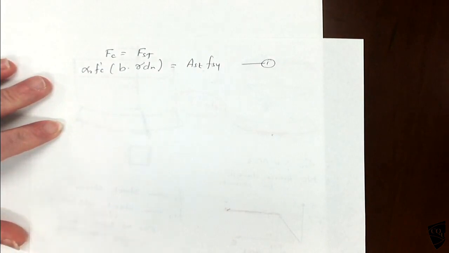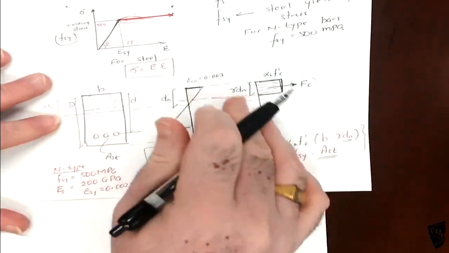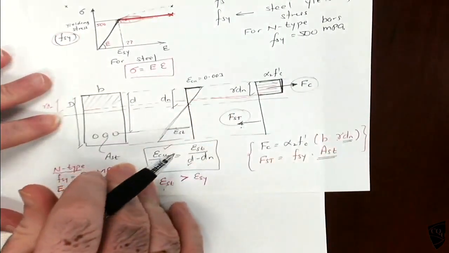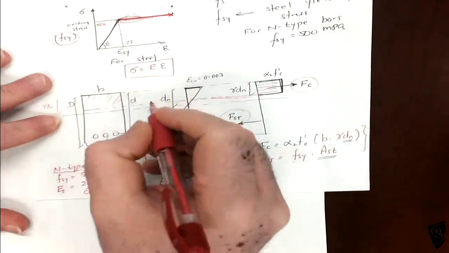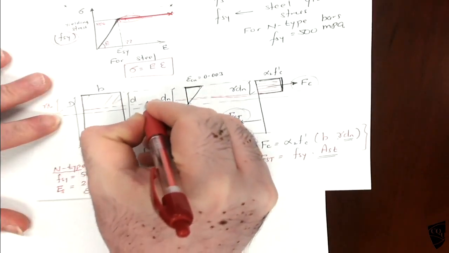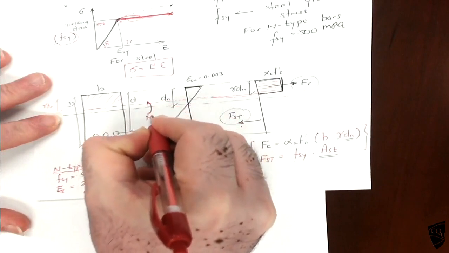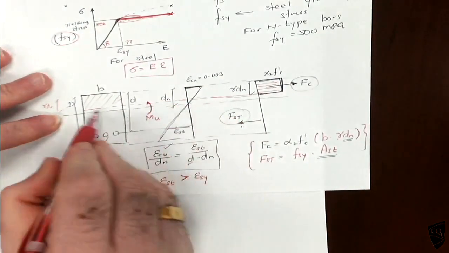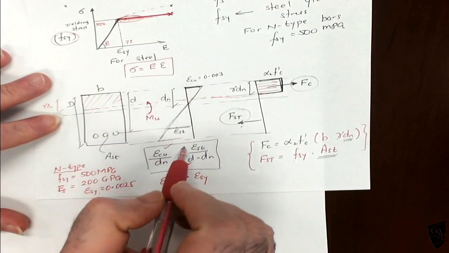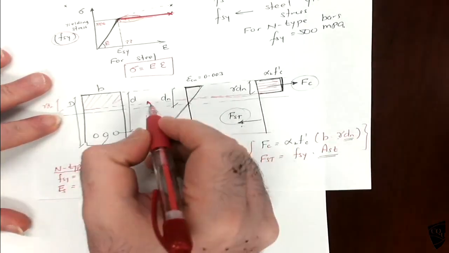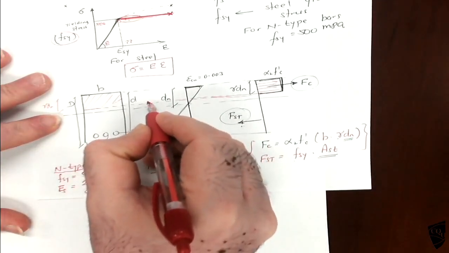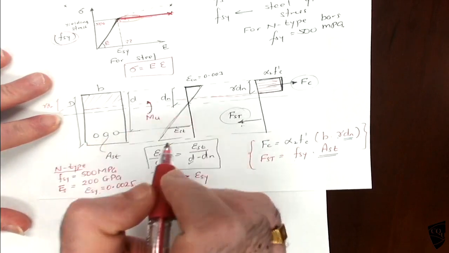The second equation. We got all these stresses because we apply a moment Mu that gives this strain distribution and others. So this moment is applied, this is the external bending moment.